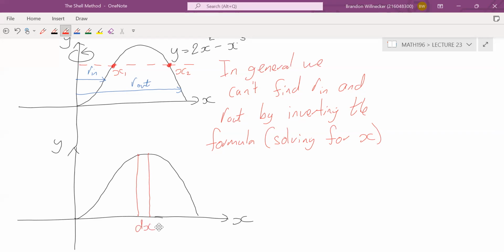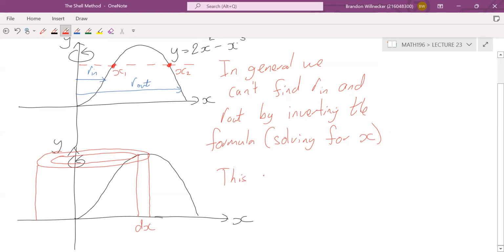And we're going to rotate these vertical strips or vertical rectangles around the y-axis. So this is going to get rotated around, and we end up with something like this. Now you can see this is some kind of cylinder with a thickness dx.